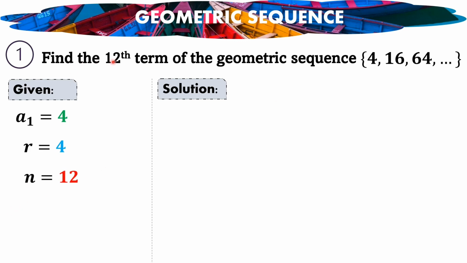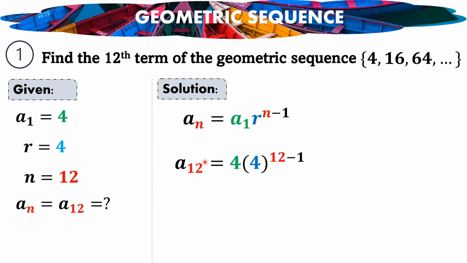n is 12 because we're looking for the 12th term. Then let's look for a sub 12 by using the nth term, a sub n equals a sub 1 r raised to n minus 1. We have a sub 12 equals 4 times 4 raised to 12 minus 1, where n is 12, first term is 4, r is 4.